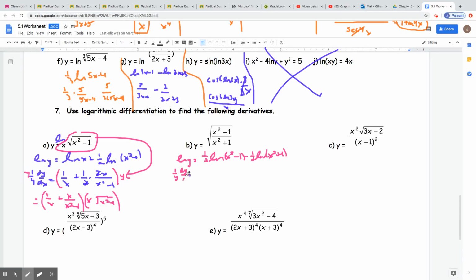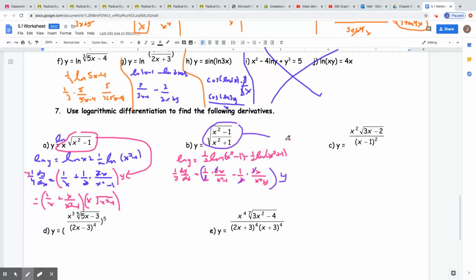What's always going to happen is you take the derivative of the right side, and you multiply by whatever y is. That's always going to be your answer for these types of problems. So 1/2 times 2x over x squared minus 1 minus 1/2 times 2x over x squared plus 1. These 2's would cancel there, and the 2's would cancel there. So it's going to be all of this times y.